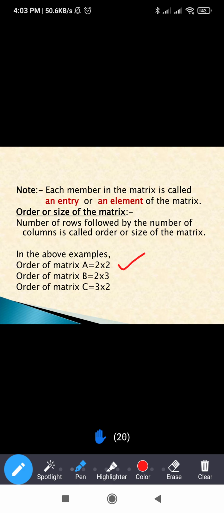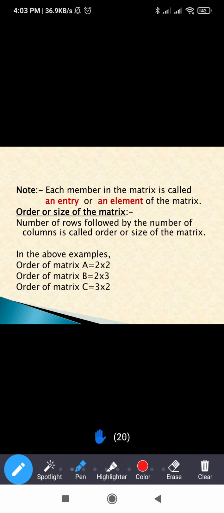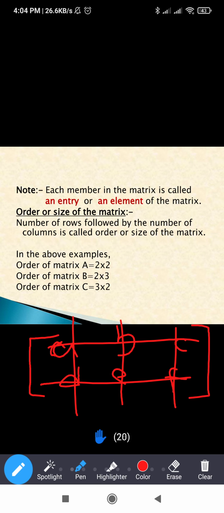Similarly, order of matrix B is 2 by 3. Matrix B was of this type. Please see, suppose it is A, B, C, D, E, F. There are 2 rows and 3 columns, so its order is 2 by 3, 2 rows by 3 columns.